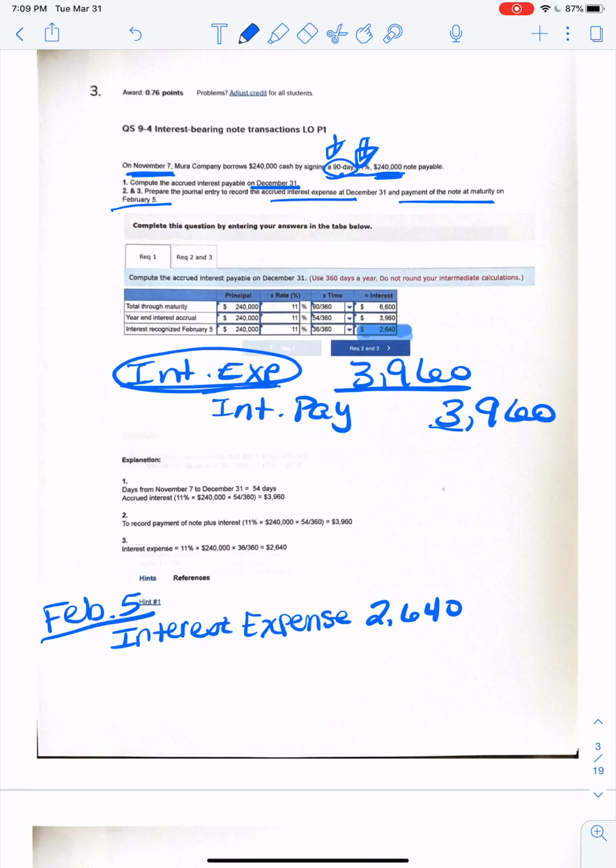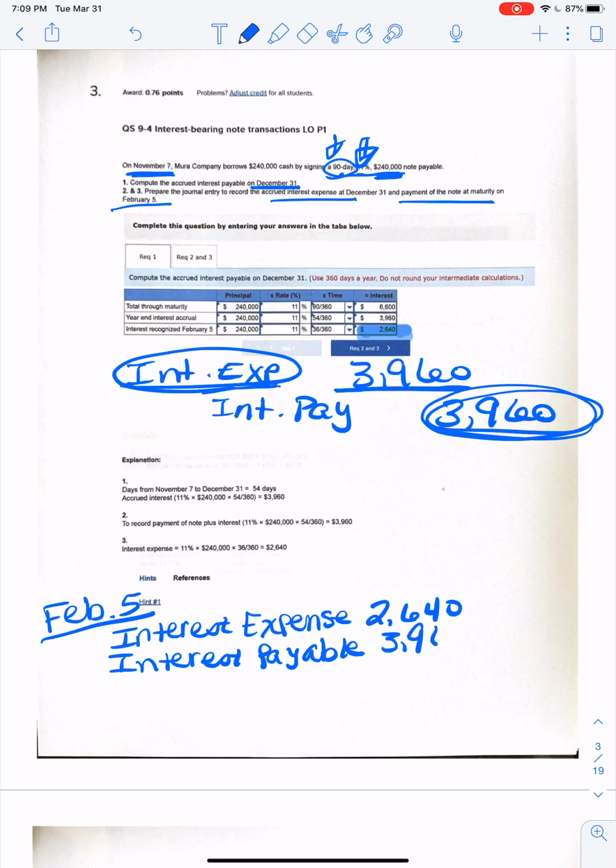But we still have to do something with the interest from that last period that hadn't yet been paid. So we have to debit interest payable for $3,960, and then we will end up crediting cash. Now my question to you is, is my cash just the sum of those two numbers?